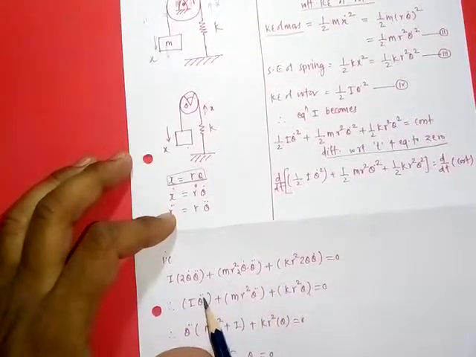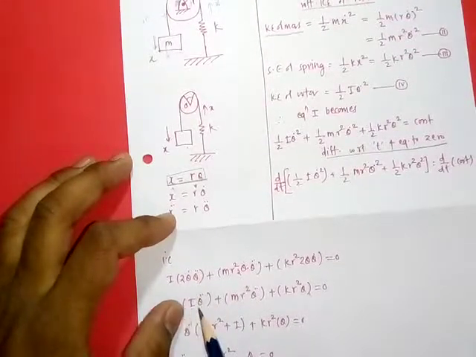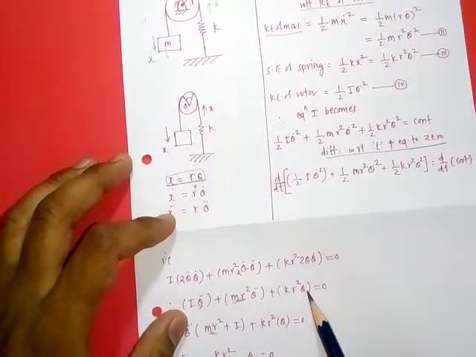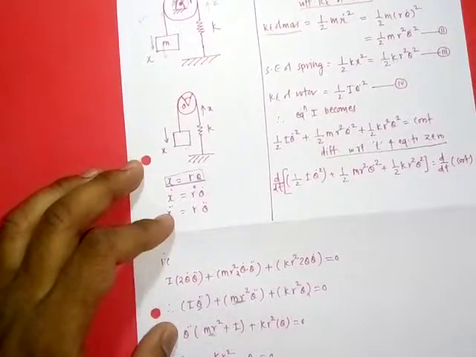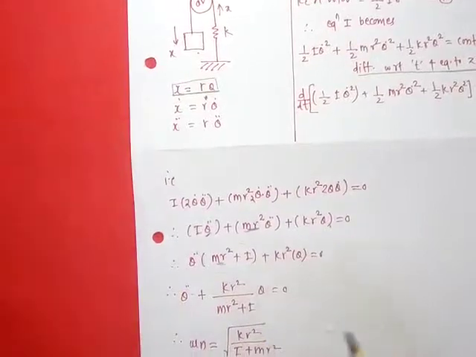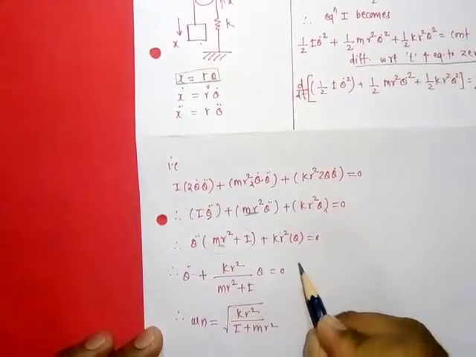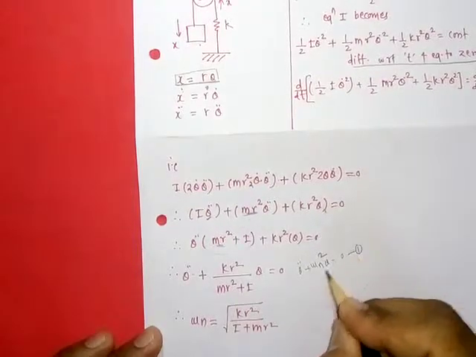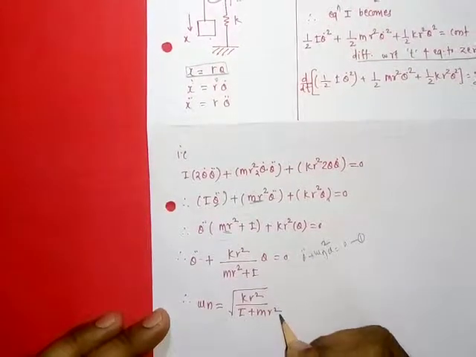Then collecting terms containing acceleration theta double dot, we get theta double dot times I plus m r squared, plus the displacement term k r squared theta. Dividing through, we get theta double dot plus k r squared upon (m r squared plus I) theta is equal to 0. Comparing with our standard equation theta double dot plus omega n squared theta is equal to 0, we get the natural frequency as the square root of k r squared upon (I plus m r squared).